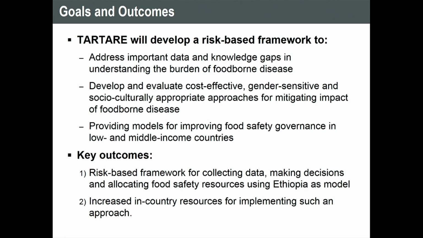So the key outcomes are this risk-based framework, and the second key outcome is increased in-country resources. And while this is a research study, ultimately my team looks at this as a capacity building study. Our goal is to help them start to develop a risk-based framework that will be sustainable into the future, and that they will have the human capacity in country to be able to move this forward after the project is over.